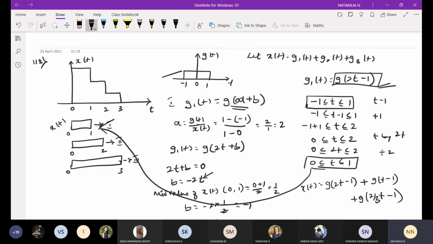Try for the second and third. If you have doubts, please ask me. One question like this you are going to get for 8 marks.